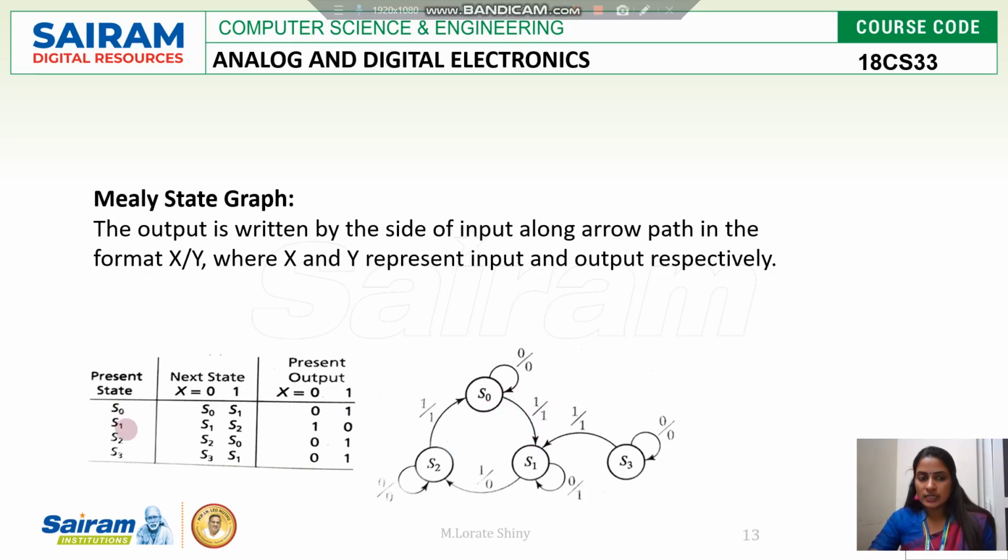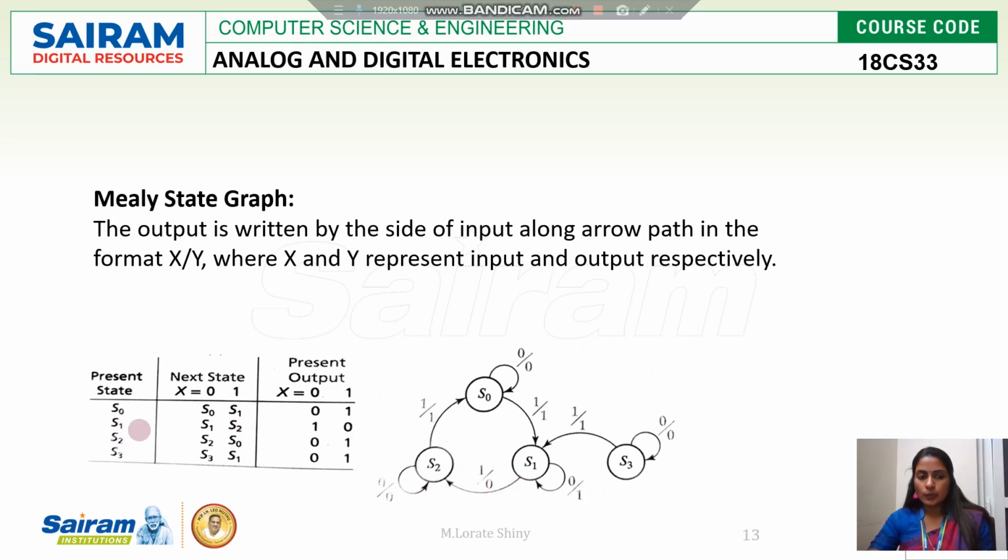Then in state S1, if X is equal to 0, your next state will be S1, input is 0 and output is 1. If X is equal to 1, the next state will be S2, input is 1 but the output is 0.